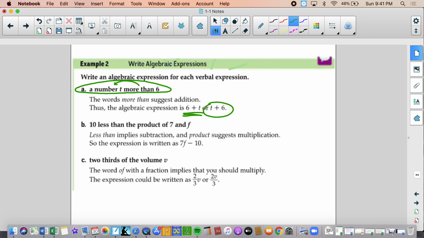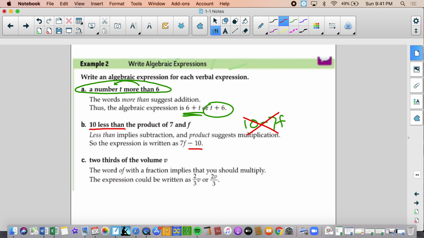10 less than the product of 7 and f. Notice that I will not allow this. That is a wrong answer. This 10 less than, you're taking 10 from, so that's why the 10 gets the negative.